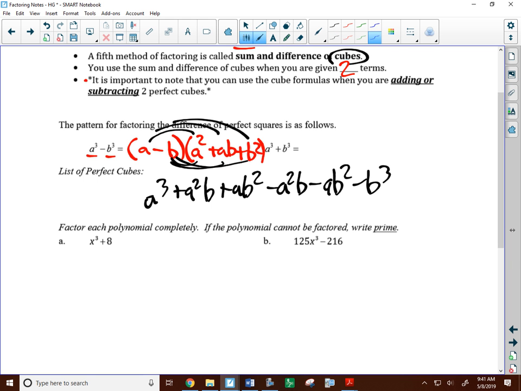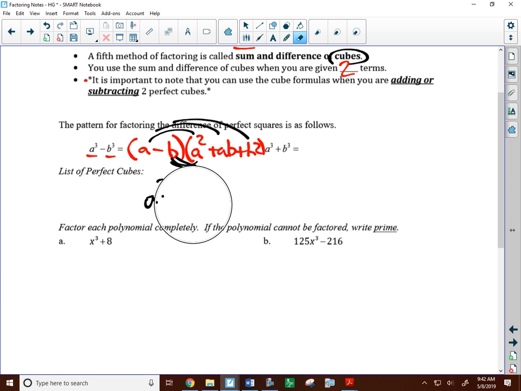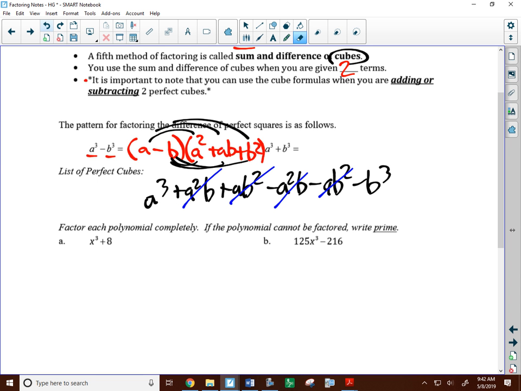And what happens is both of those sets of inside terms cancel. And you get A cubed minus B cubed. So again, I'm just showing you why it works. You distribute the A and the negative B to every term, and things cancel. I'm just showing you why it works.